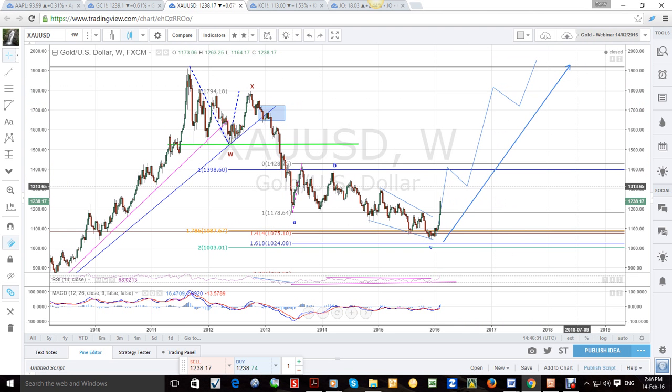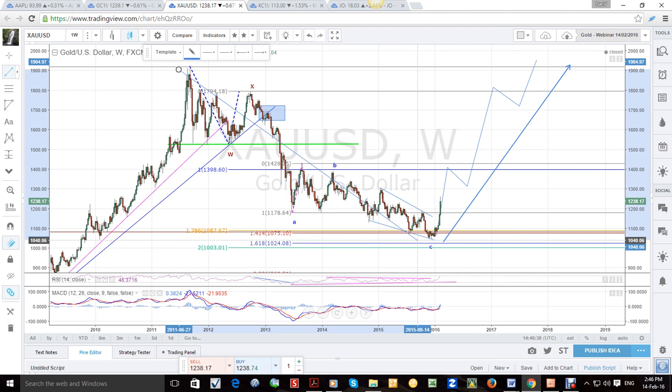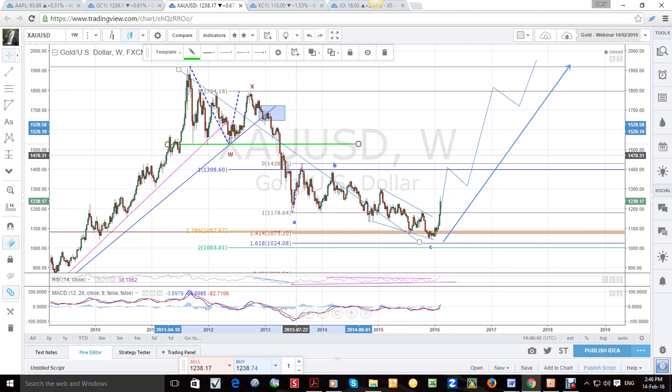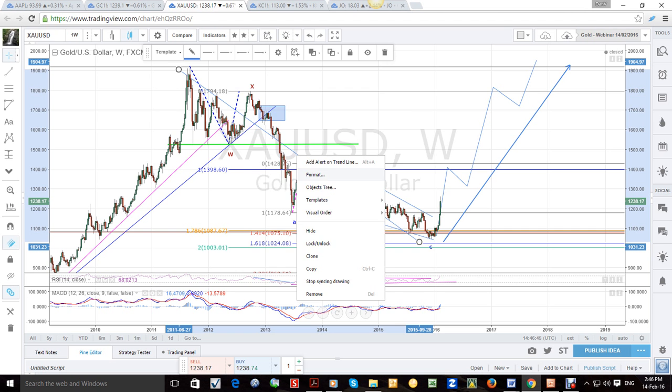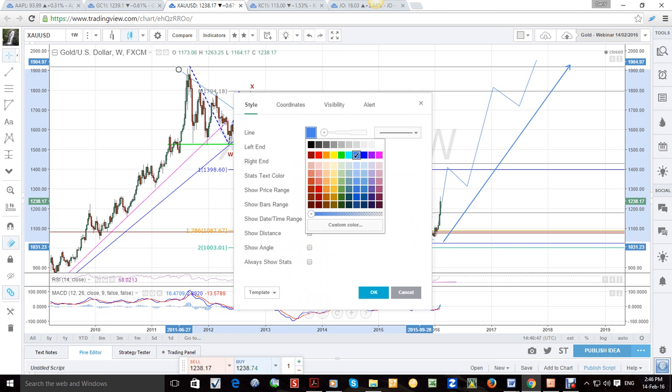That's not particularly important. Or what we might have is that this whole move to the downside has actually been part of one larger leg down, a larger zigzag down, and we could call that one larger wave A.